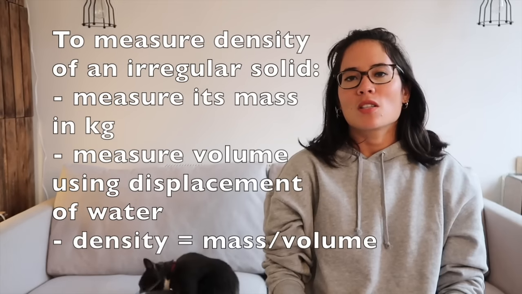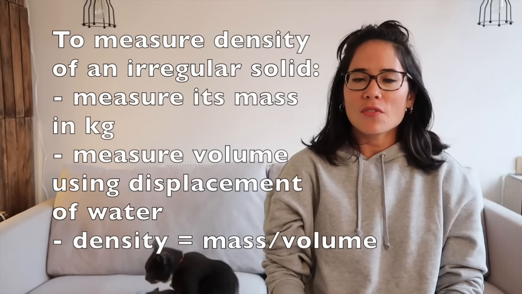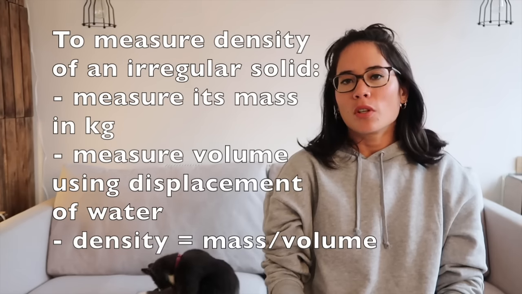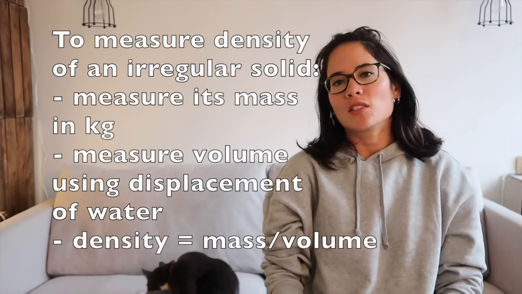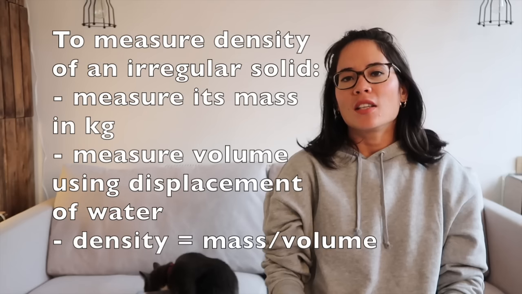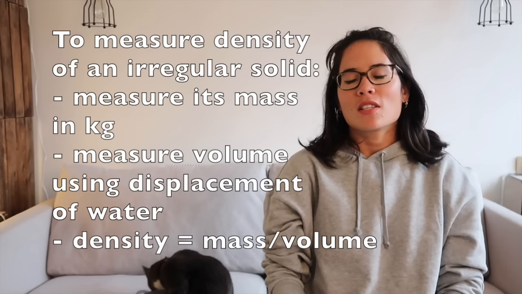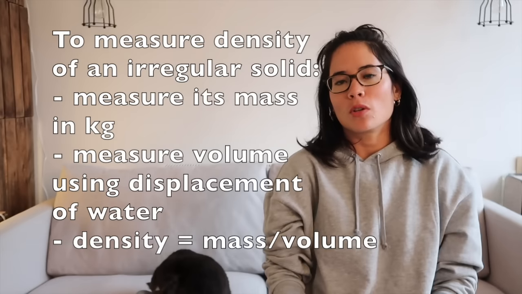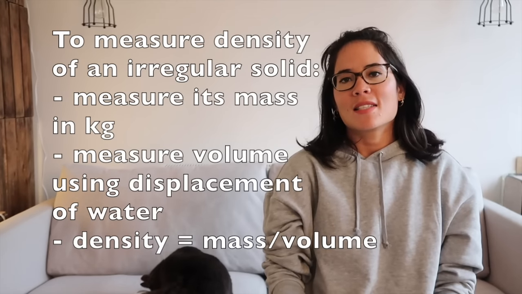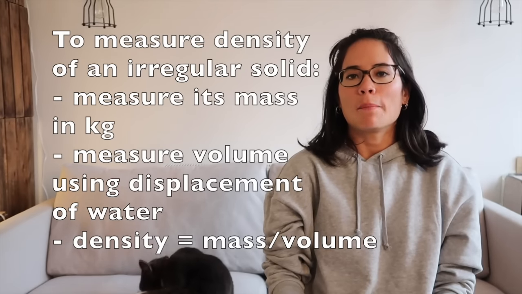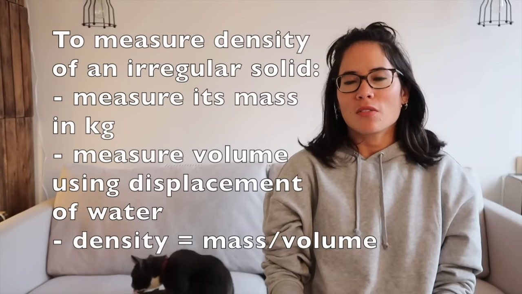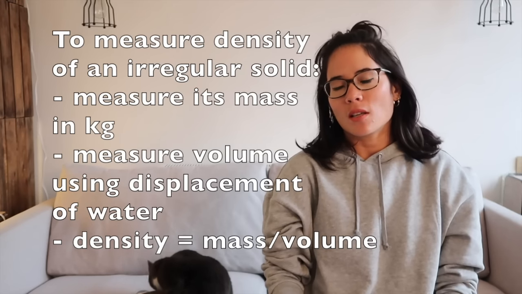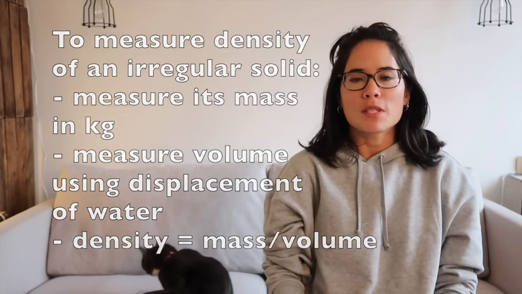The simplest way to describe this is you fill a measuring cylinder with water, you measure the volume, then you add the object to that measuring cylinder and you measure the new volume, and the difference between those two values will clearly be the volume of the object, so its volume is now sorted. Its mass is easy to determine using the top pan balance method. Substitute the values into the equation, so make sure you state the equation in your answer, that will be worth a mark, and out pops density.